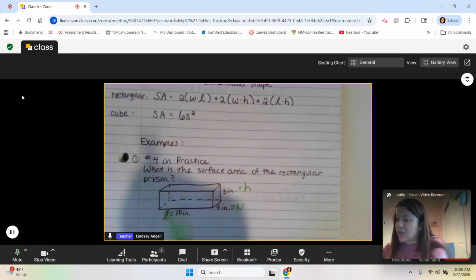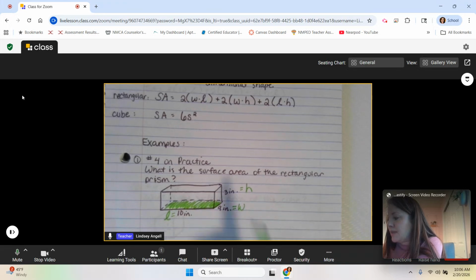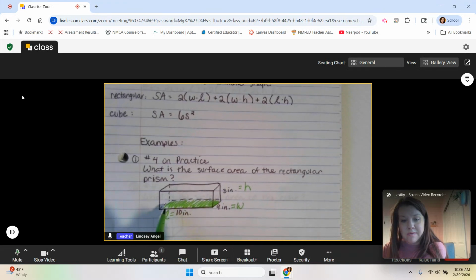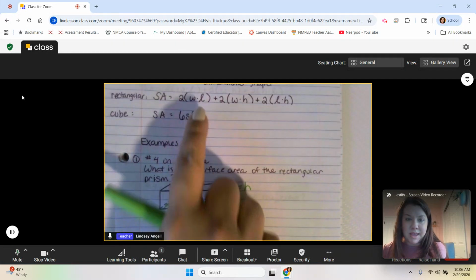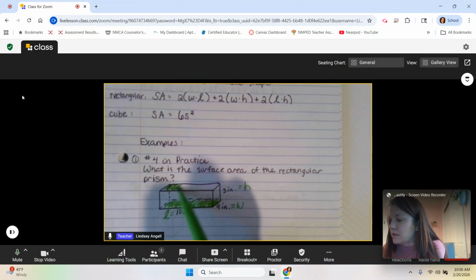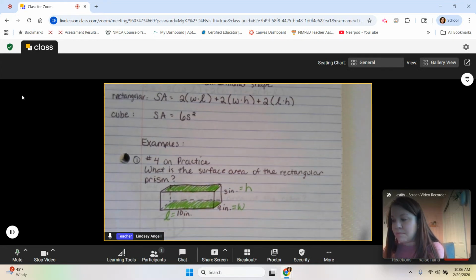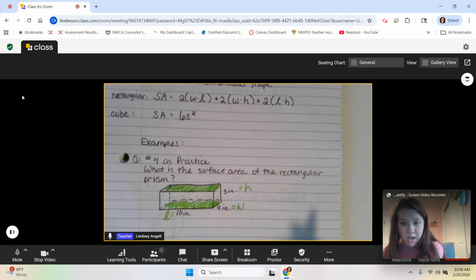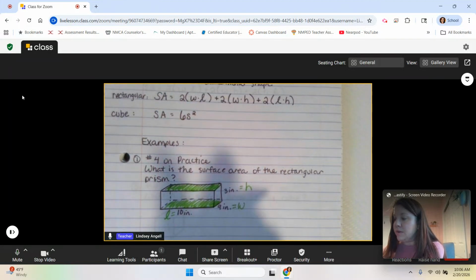So if I just focus on the bottom of this rectangular prism, to find the area of it, I would multiply the length times the width, or width times length, same thing, right? But that is also identical to the top. The bottom of the box and the top of the box are the same, right? So that's why we multiply it by 2, okay?